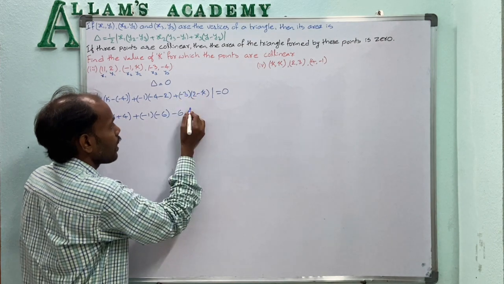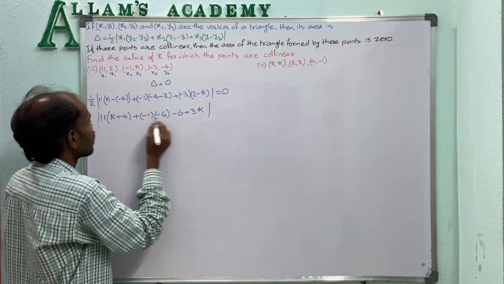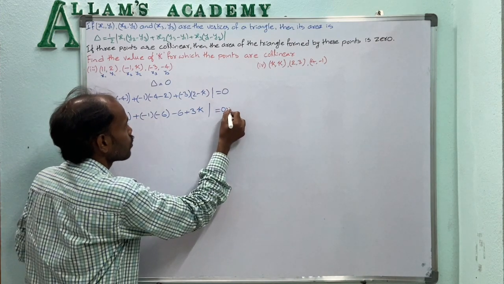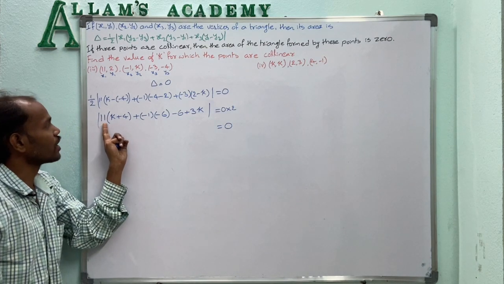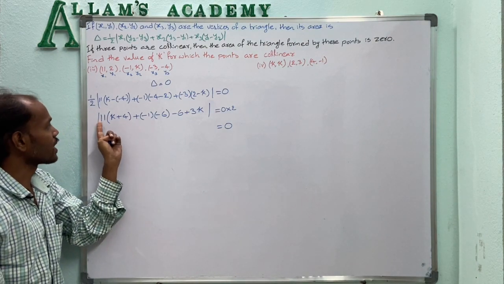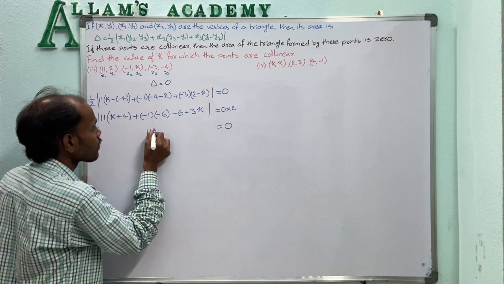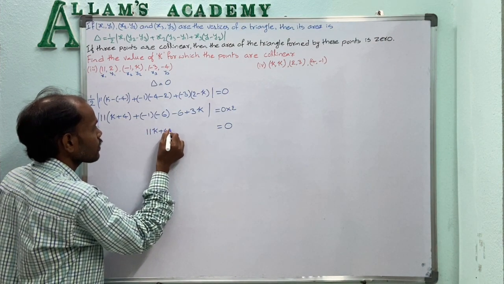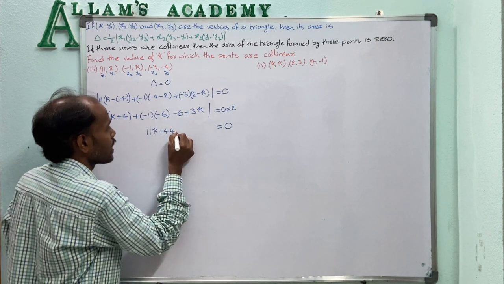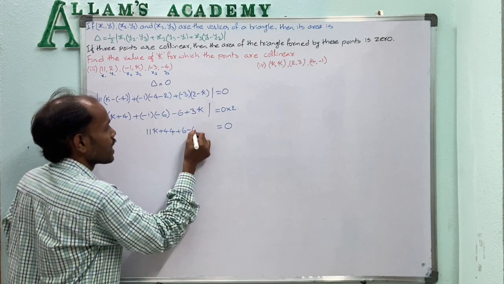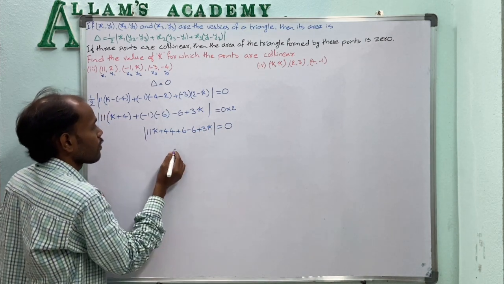Minus 3 into minus k is plus 3k, equal to 0 into 2, that is 0. Now 11 into (k plus 4) is 11k plus 44. Minus 1 into minus 6 is plus 6, minus 6 plus 3k.